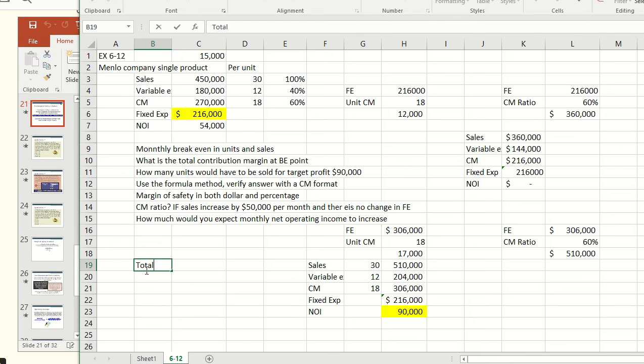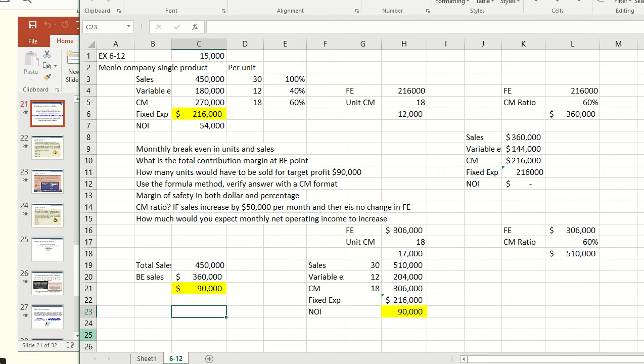So total sales, original sales, they said, refer to the original data, minus break-even sales. We calculated that previously. And so my margin of safety would be $90,000. So it'll take a loss of $90,000 in sales to start losing money and not having a profit. You would have a loss instead. It says both dollars, so this is the dollar amount of margin of safety.